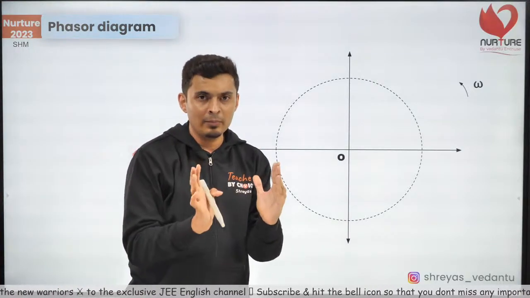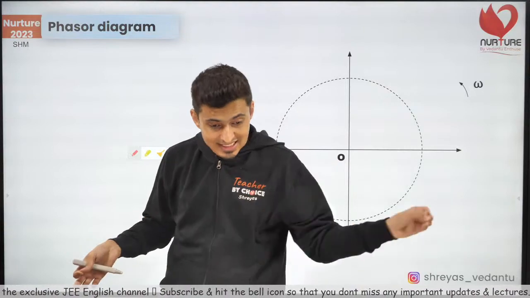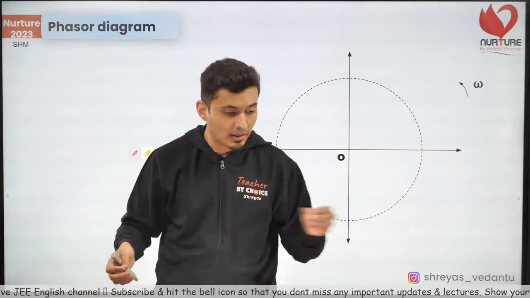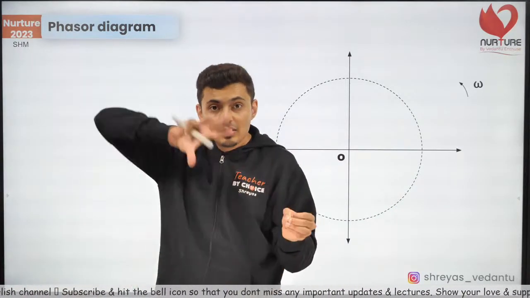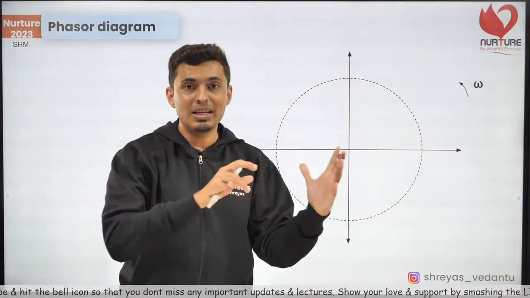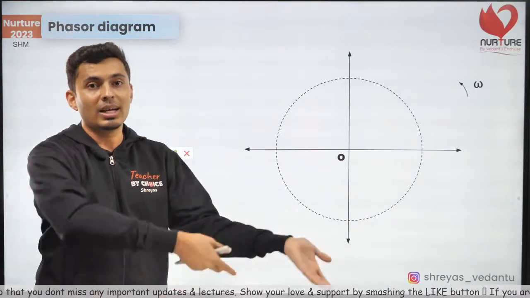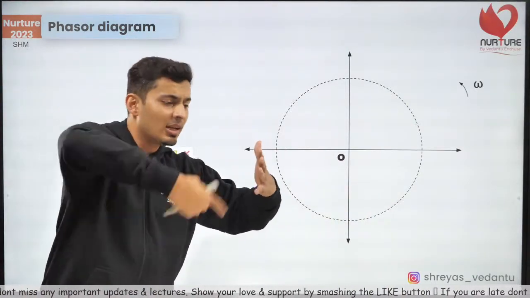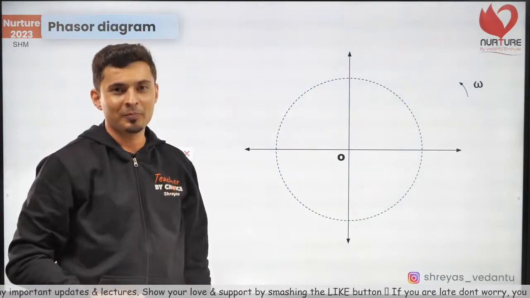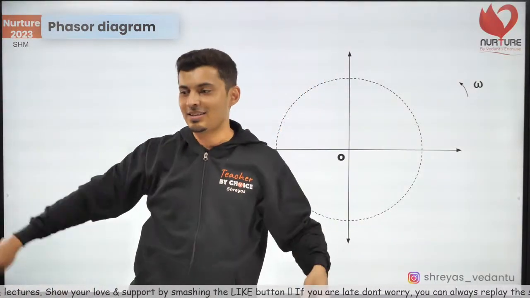So it is a diagram directly dependent on your SHM, which is a physical thing. It is actually moving back and forth, up and down. This diagram helps me visualize that SHM. It is basically the circular motion whose shadow gives me that SHM. So you're trying to go in reverse. Whose circular motion is this the shadow? Looking at the shadow, you're trying to go back and figure out that circular motion.